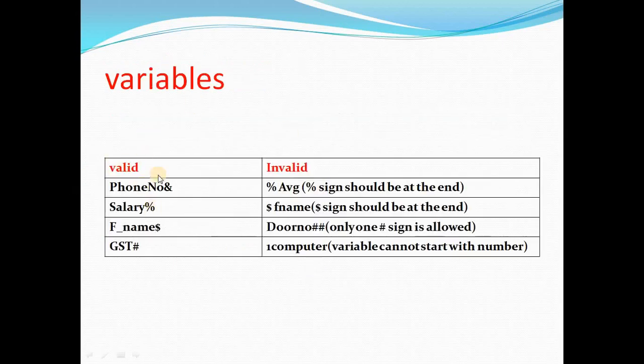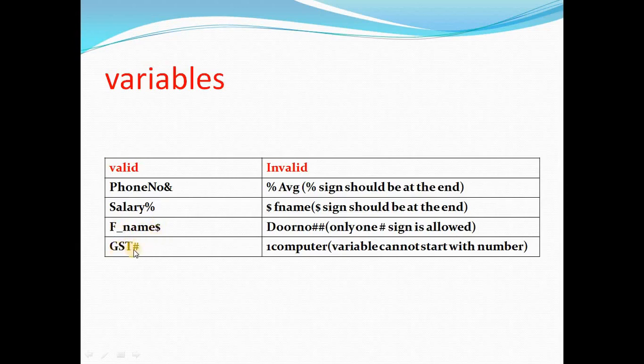So valid variables here: phone number with the and symbol, salary with the percent symbol, F_name with the $ sign. It is a string, it's a name, right? And at the end of the name you should include this $ sign.